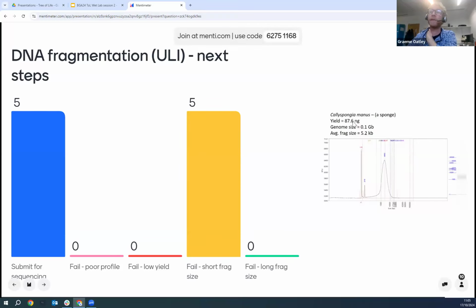So this is another one that's kind of sitting on the lower border of the fragment size distribution for ultra low input. If you were very desperate, and this was your only extraction that you had, submitting for sequencing and seeing what came out is definitely an option.